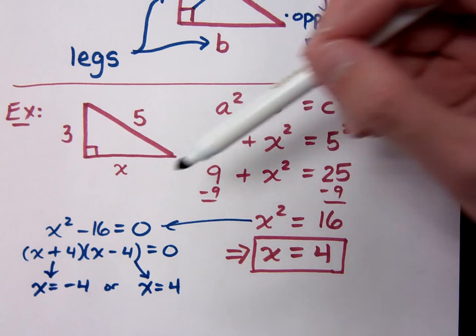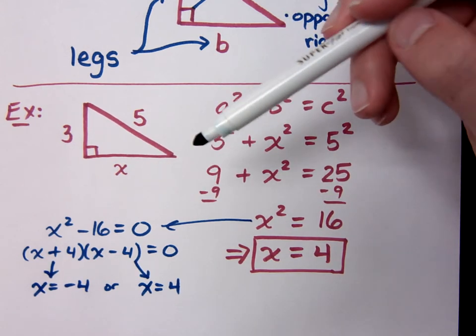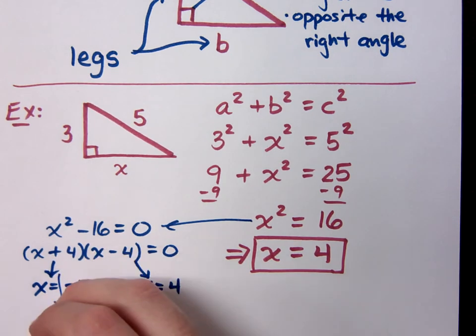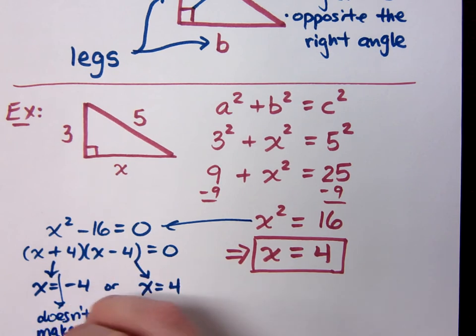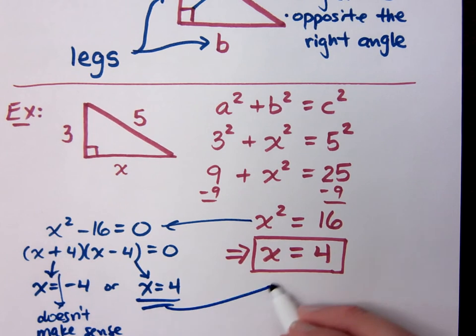So since I know that I'm talking about length, I know that my variable must be representing a positive number. So this guy right here doesn't make sense for this problem. So that's why this guy is the answer that I have right here. So x equals 4. You guys with me on that?